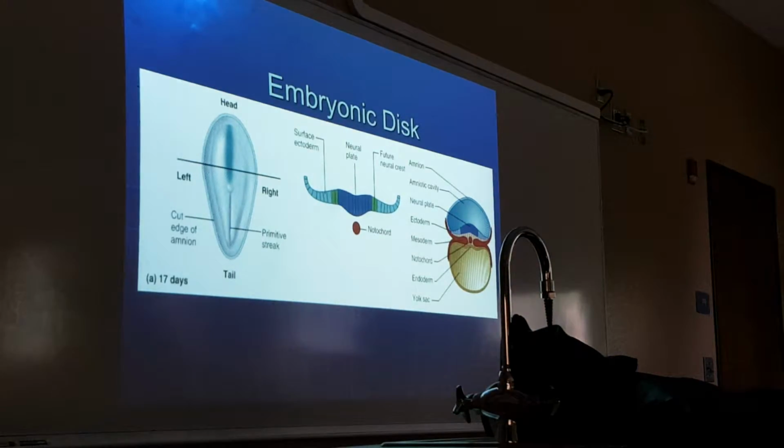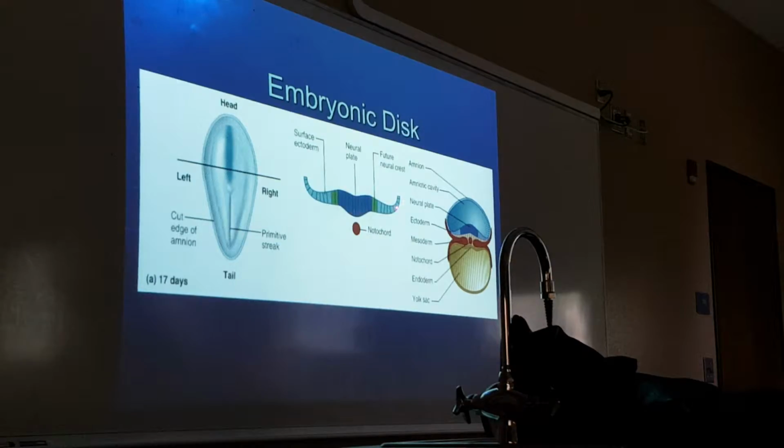So, getting back to 17 days and looking at the top of the embryonic disc, and we've cut the amnion away so we can see down onto the top. You can see that primitive streak, remember that? And we're going to slice right through here and turn it 90 degrees so we can look at an axial slice of it.